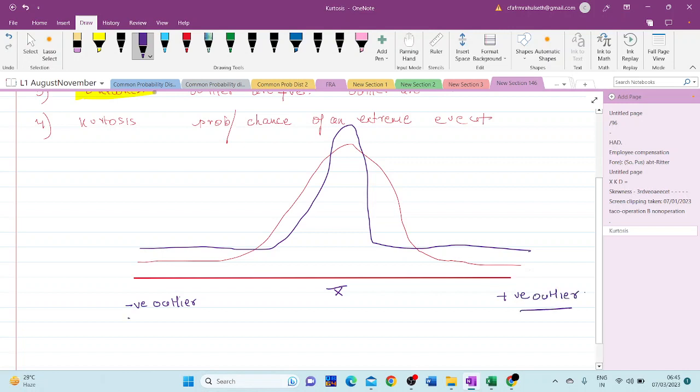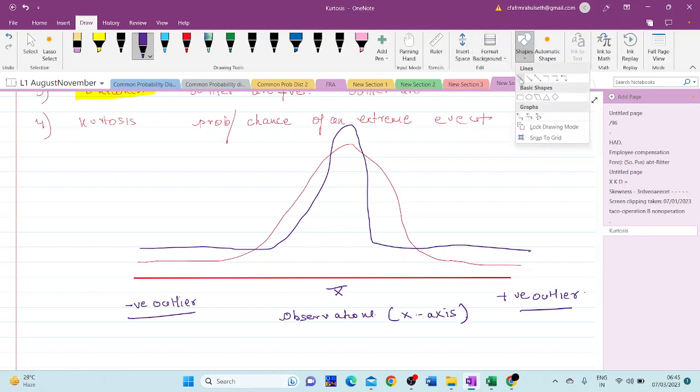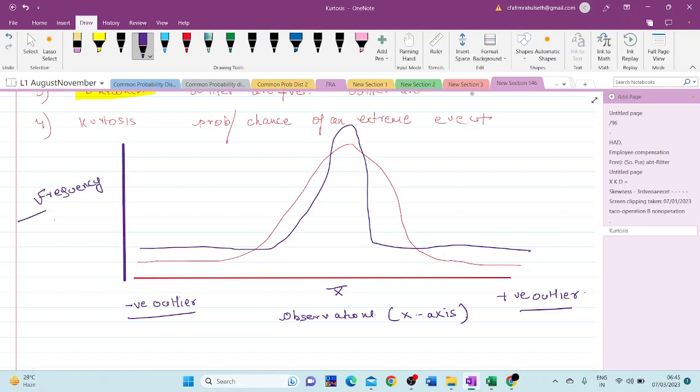Okay. We know that your observations are on the x-axis, right? So this is your observations are on the x-axis, and the frequency with which these observations occur are going to be on the y-axis, right? So the frequency is going to be here. Okay.